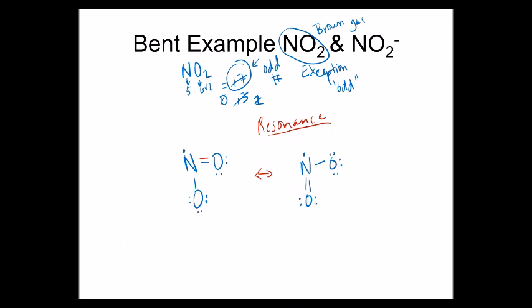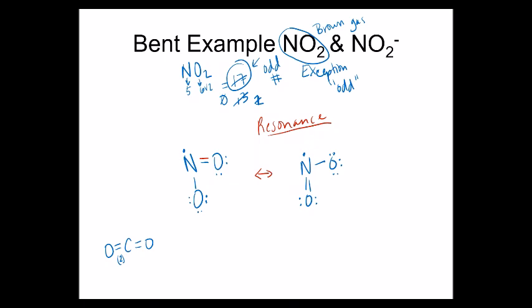So let's remember what bond order is. Say we have our carbon dioxide. Those are double bonds. What's the bond order of this C to O bond? If it has a double bond, it's a bond order of what? 2.